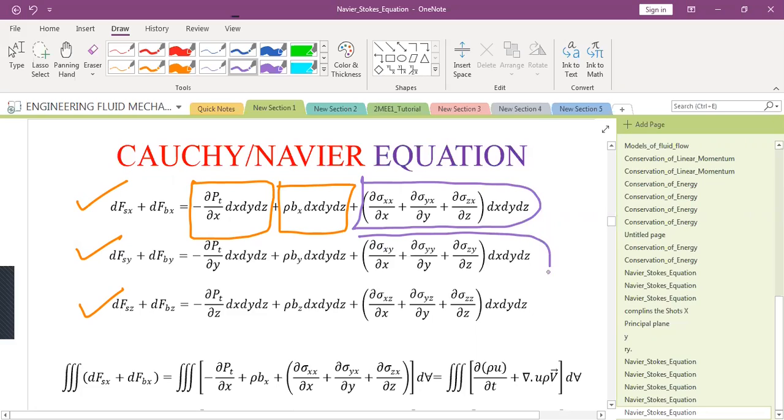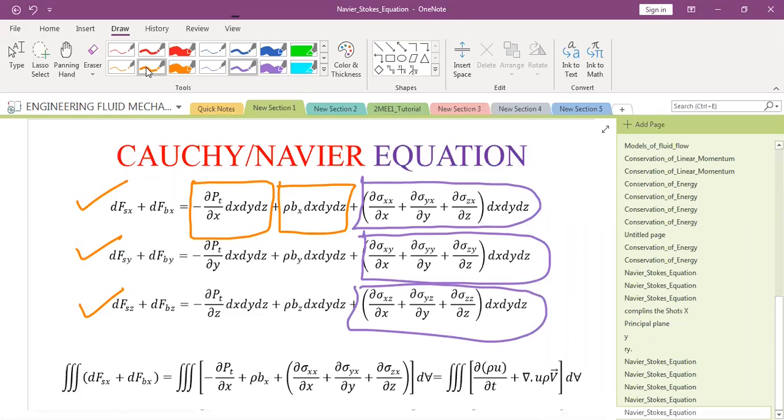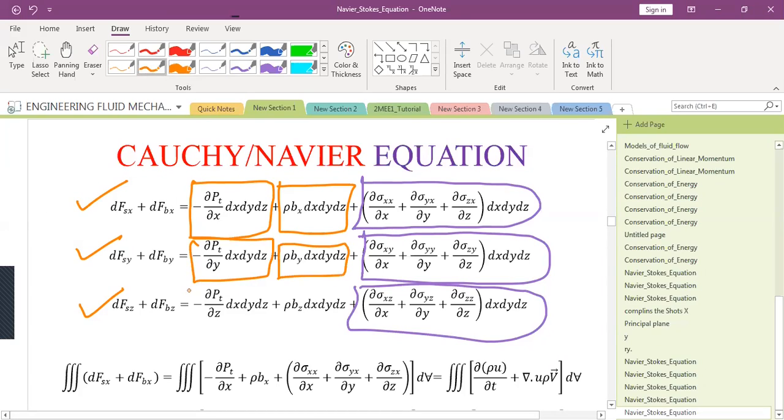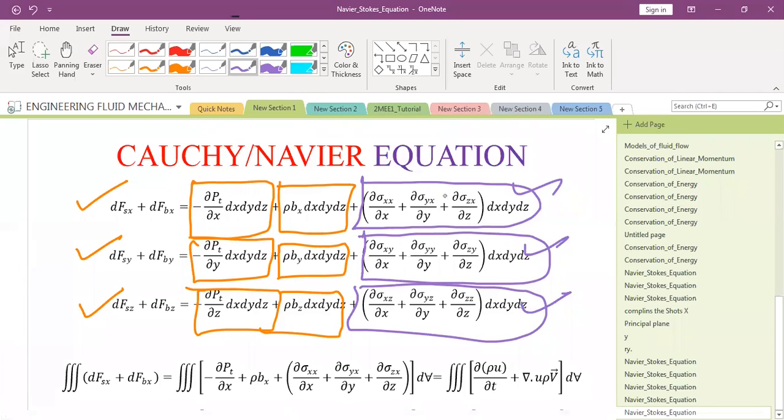So these terms in X, Y, and Z direction are in addition to what were in the Euler equation. What I have marked in violet are the additional terms which you get in the Cauchy-Navier equation, in addition to these orange terms which were already there in the Euler equation. Is that clear?